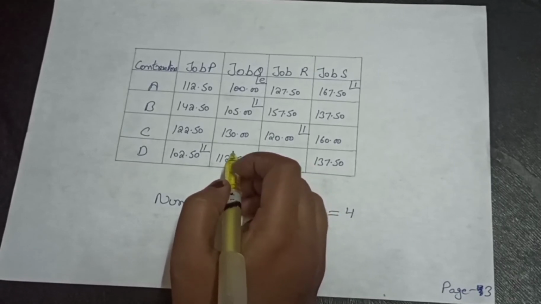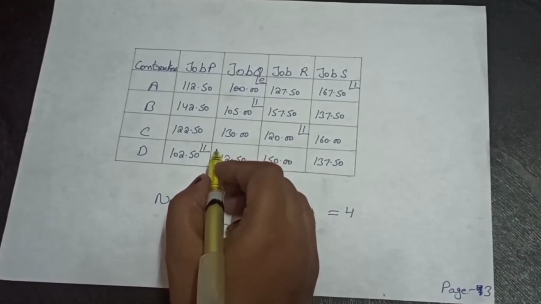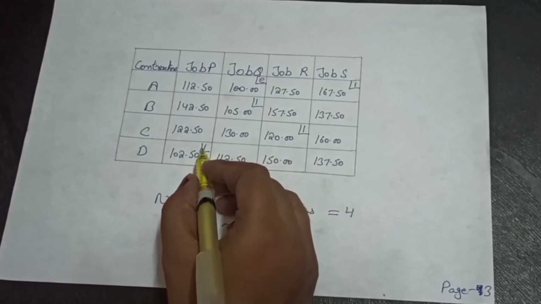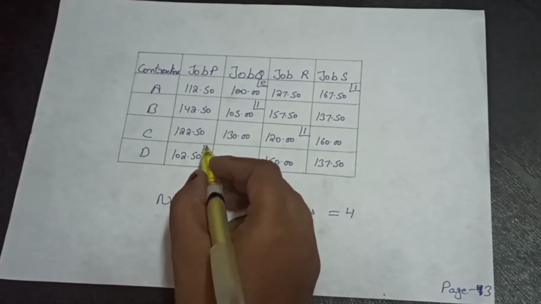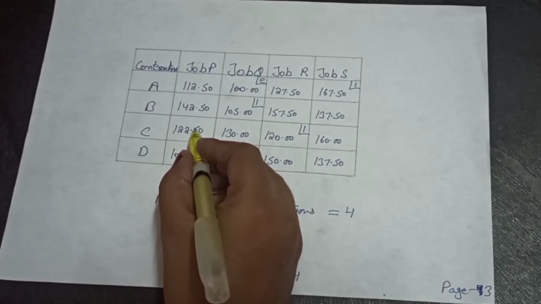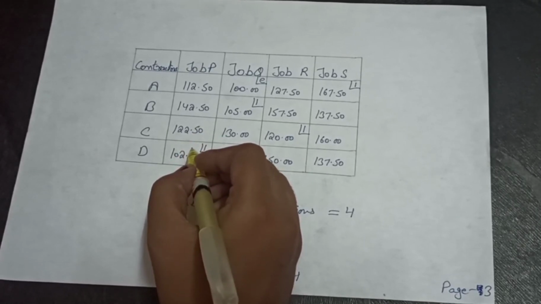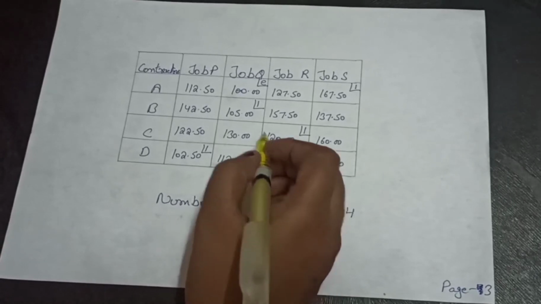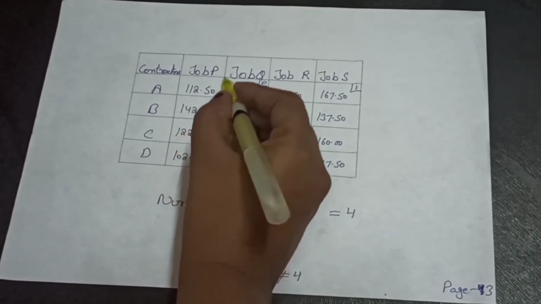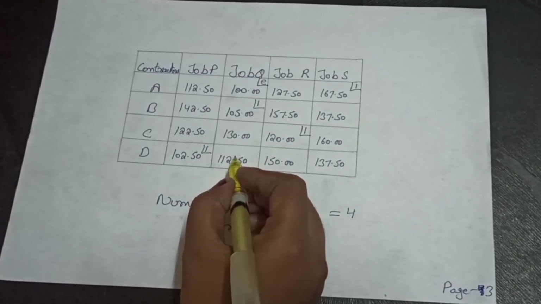Also, the condition is that the cell we go to must have an allocation. So we can go this side. After that we can't go here and we can't go in any direction. So we can say this cell also doesn't make any loop. So students, you can select this cell and you can also select this cell.